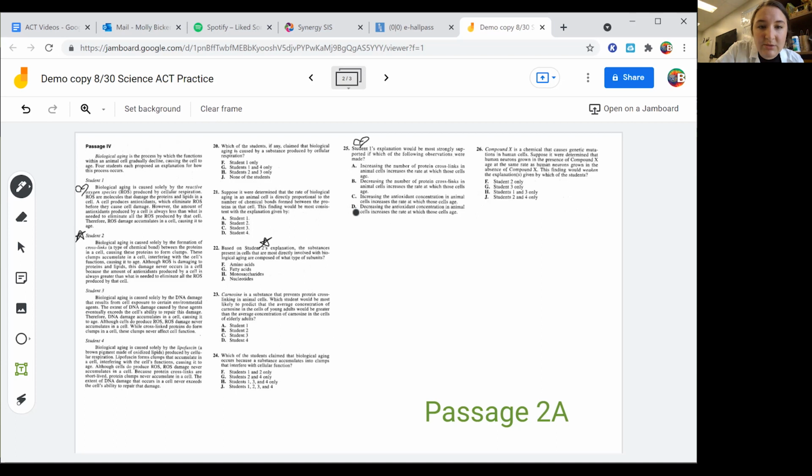Student 1 is also an option for number 21, 23, and student 1 is part of 3 answers for number 24, all of the F, G, and H. Student number 1 is an option in 1 of our answers for number 26. So I think what I'm going to do is put a little heart next to 20, 23, and 24 as well.